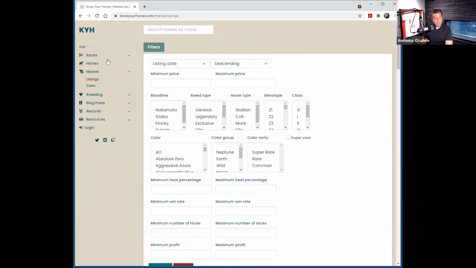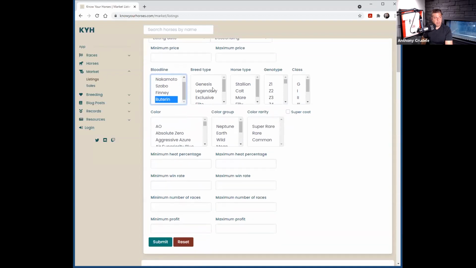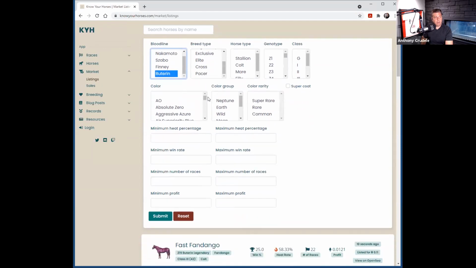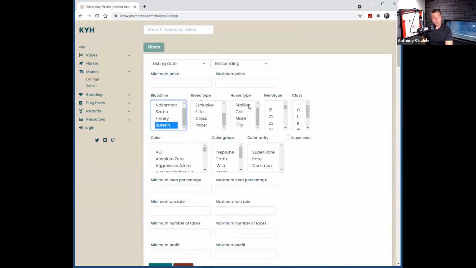Let's stay on this for a second. I am by no stretch an expert in this, but it's something I spend a lot of time on pretty much every day of my life at this point. Here are the bloodlines: Nakamoto, Szabo, Finney, Buterin. The breed types are Genesis, Legendary, Exclusive, Elite, Cross, Pacer. Of course, it's Stallion, Colt, Mare, Filly.